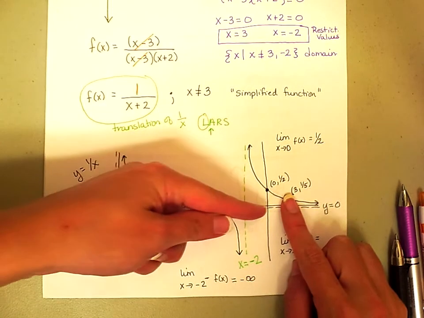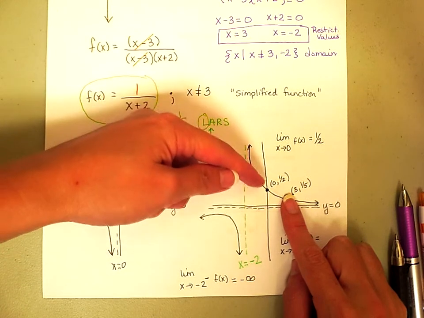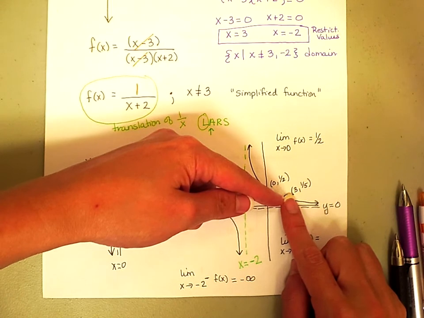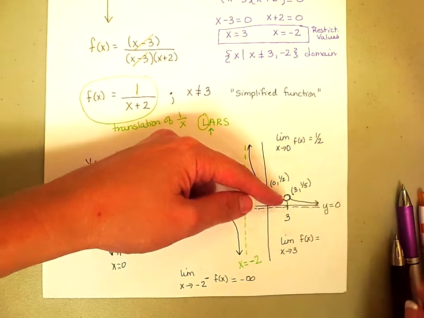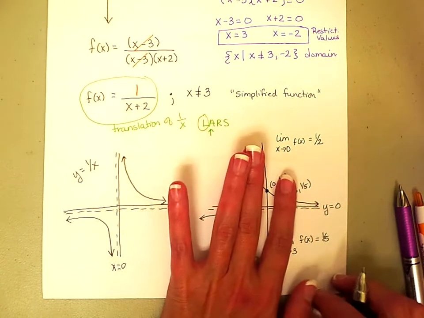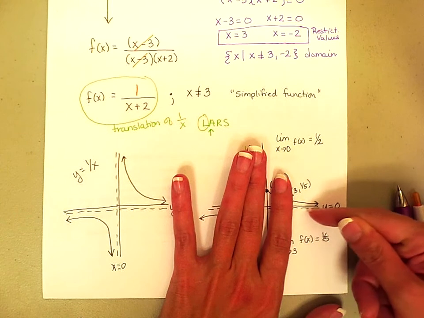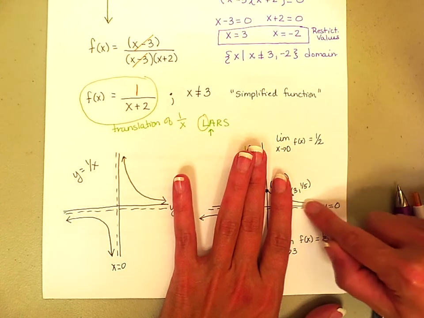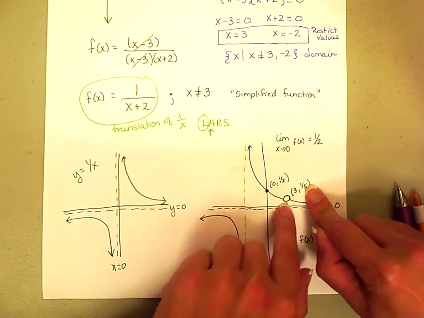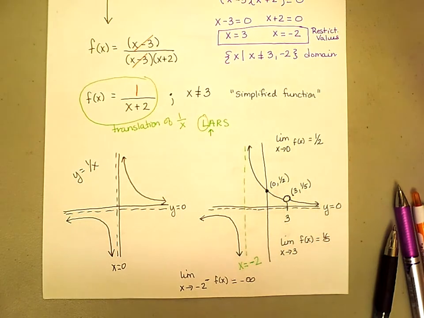So as we go to 3, starting on the left and coming in, the function is approaching the value 1/5. The same if you approach 3 from the right-hand side: the function is increasing, increasing, increasing until, if that graph existed, it would have a value of 1/5.